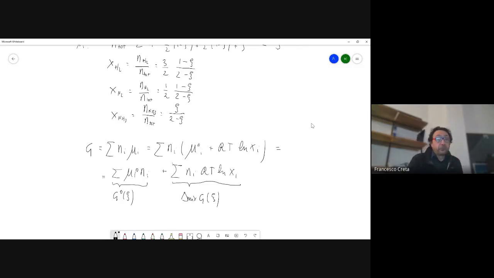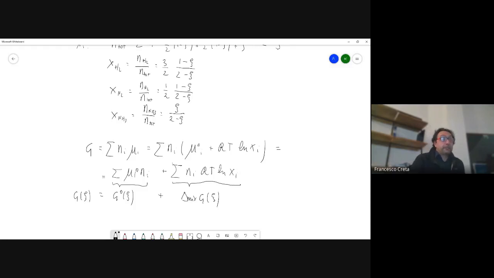So G is pure components at this composition: I have N1 moles of H2, N2 moles of N2, et cetera, but not mixed.